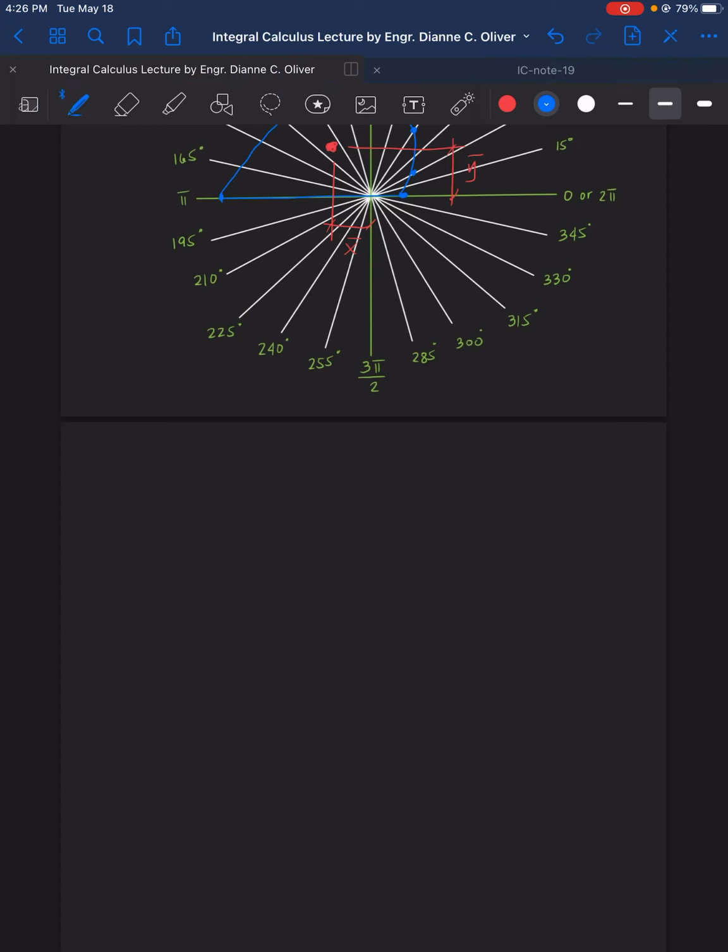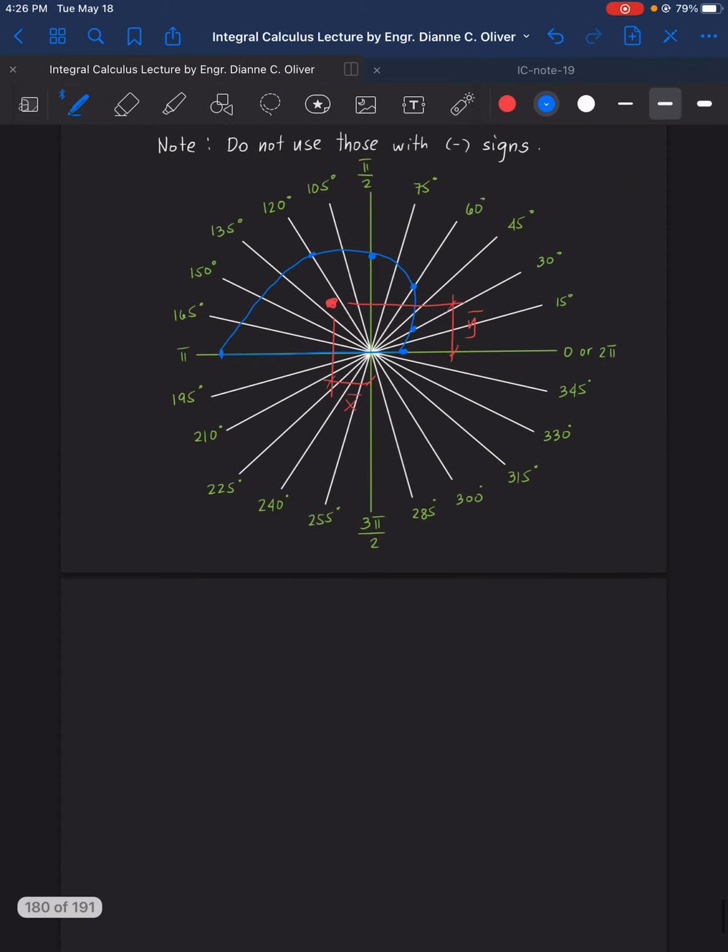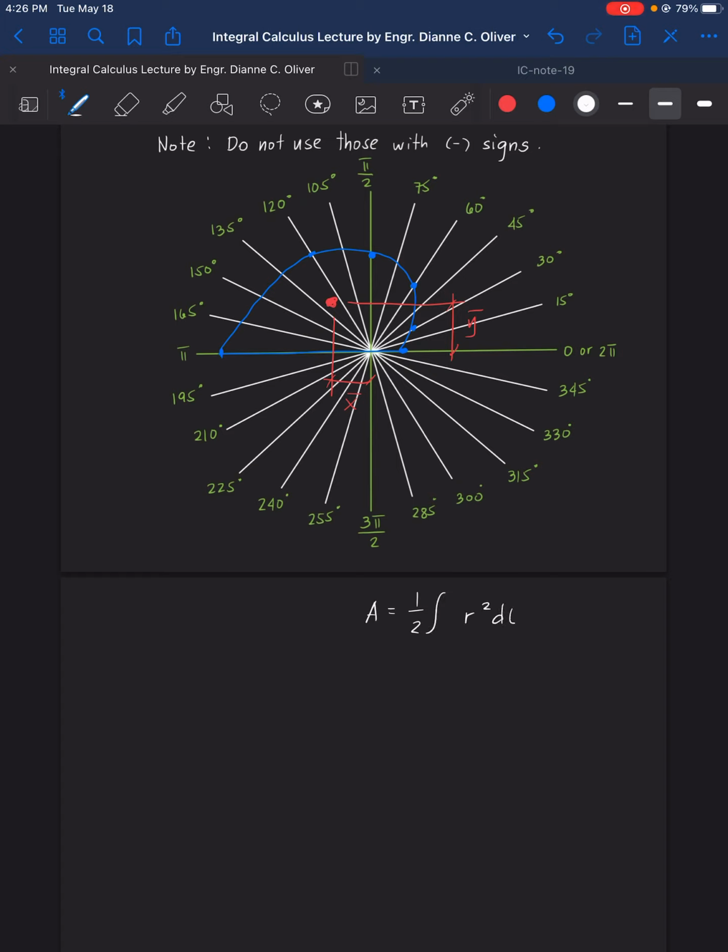So what is the area of this curve? Area is equal to 1/2 integral of r squared d theta. The limits are alpha to beta.